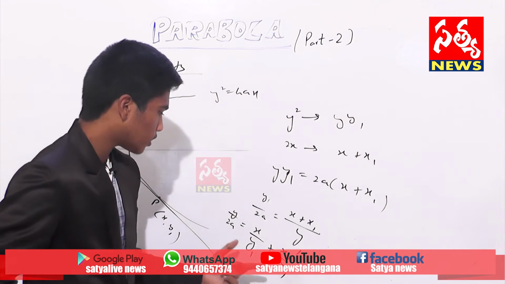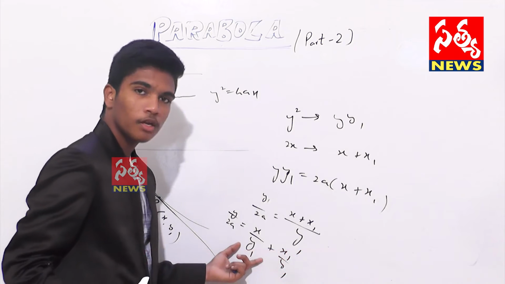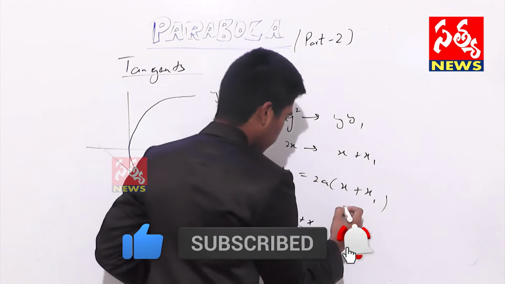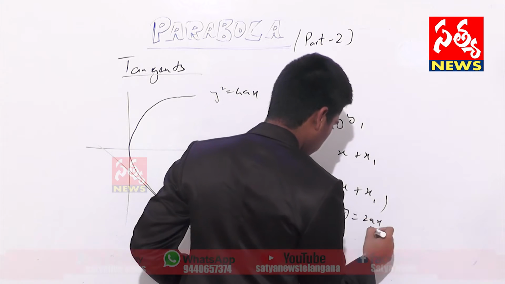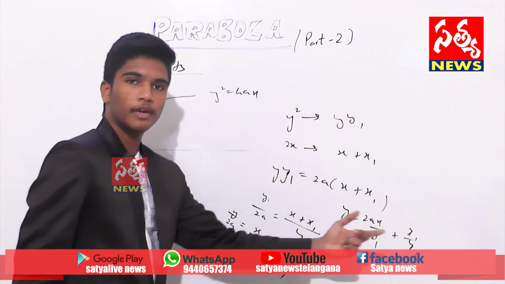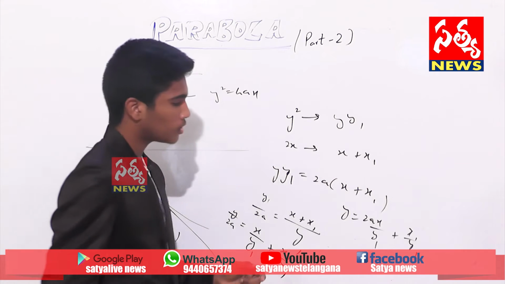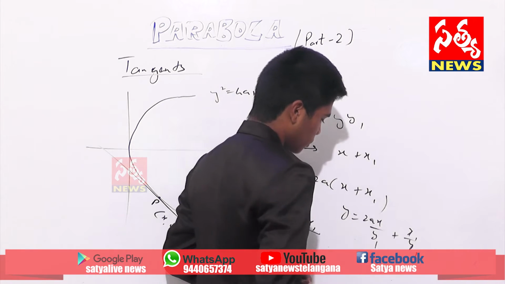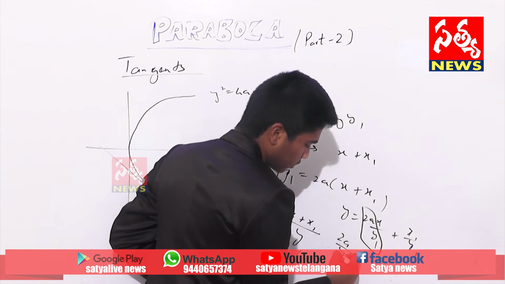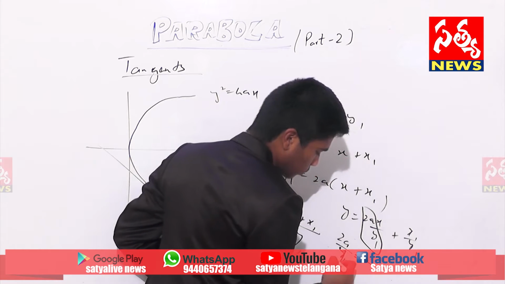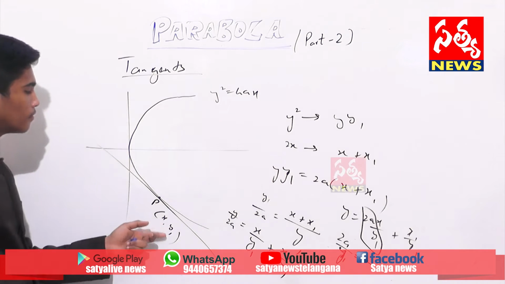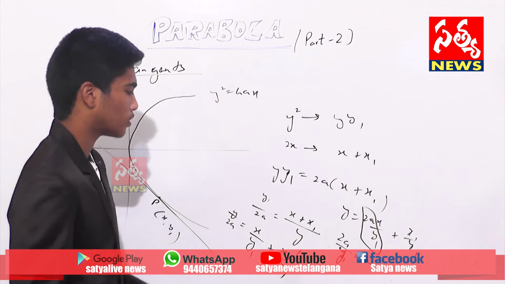See, this is a constant, and see here this is y equals mx plus c. We can bring 2a to that side also: y equals 2a into x by y1 plus x1 by y1. See here, x1 and y1 are the coordinates which are constants, and y and x are variables. So now from here we can say that 2a by y1 equals m, which is the slope of the line which is tangent to the curve y square equals 4ax.